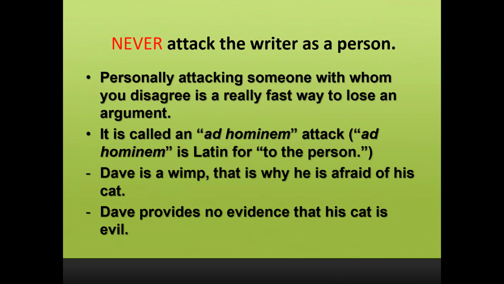We need to remember that when we are being critical about something, when we are commenting, and when we have to present our argument, we need to be very rational. We need to be logical. We are not going to attack someone. We need to present our argument in a logical manner, not in a blunt manner.